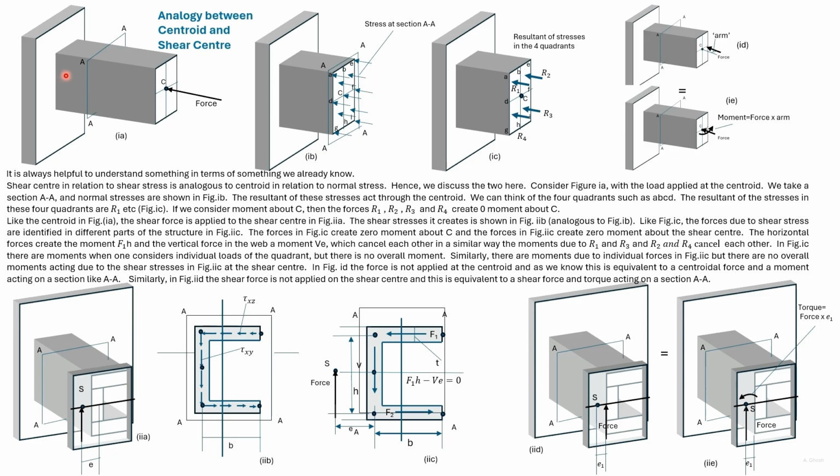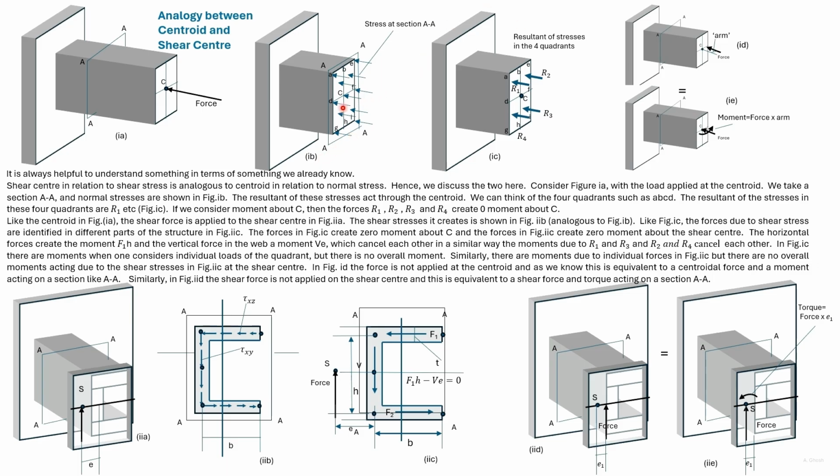Consider this rectangular beam subjected to a force acting on the centroid as shown. We take a section AA. Then uniform normal stresses will act on the section as shown in this figure.